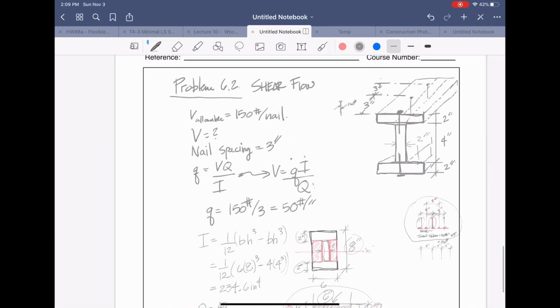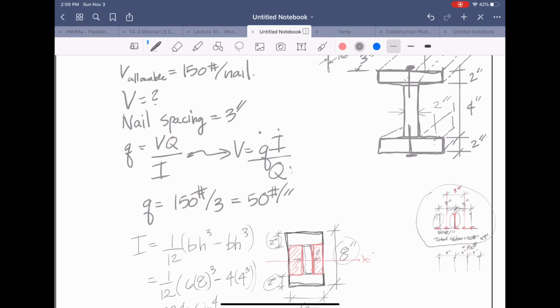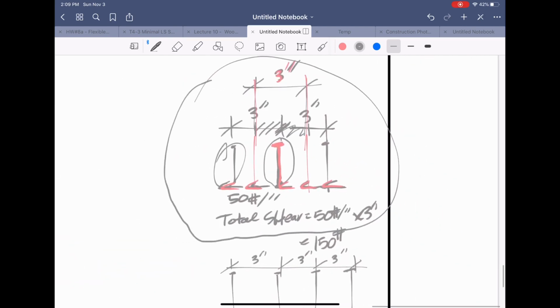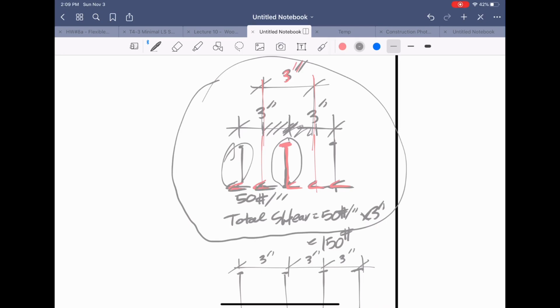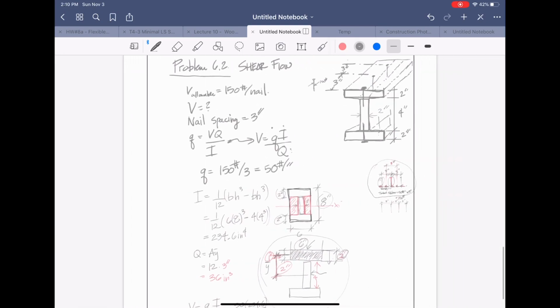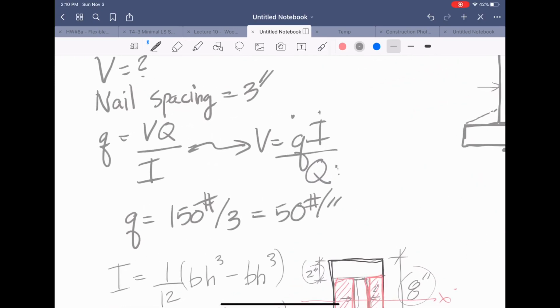Okay, so from there, we know it's shear flow, not shear stress, right? Remember, shear flow is the stress as flow. Then we know that q is equal to VQ over I. Then we say V is lowercase q times I over uppercase Q. We know lowercase q because we were given that for the most part.